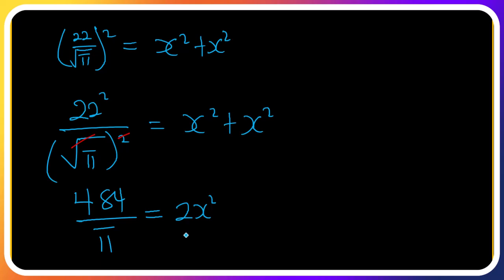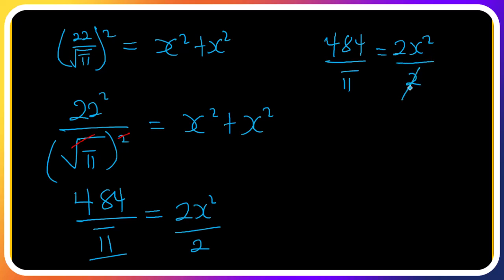Now we divide through by 2. We have 484 on pi equals 2x squared on 2.